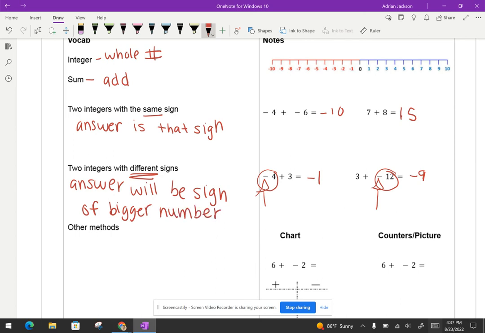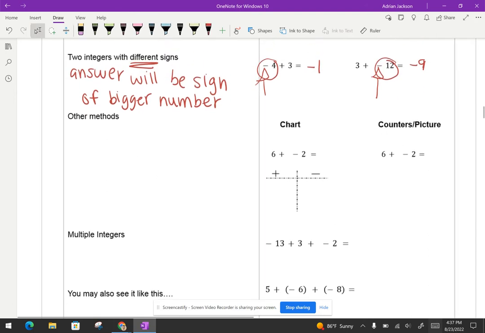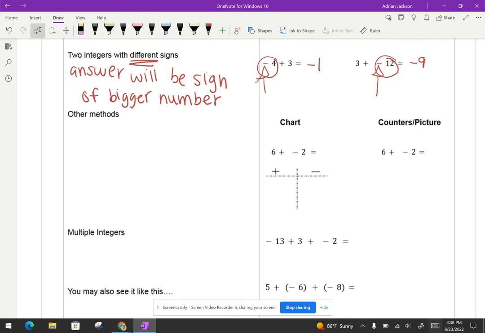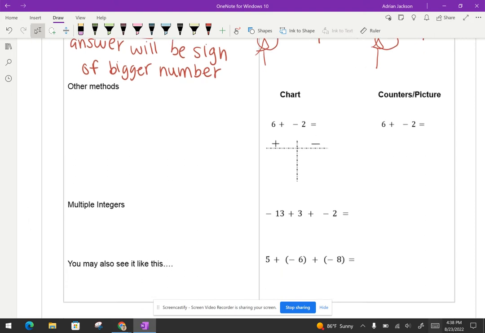All right, now I'm going to go over a couple of different methods that might help you when doing positives and negatives that can get confusing. The first one is a chart method. It has a plus and a minus. I'm going to put how many I have of positive and how many I have of negative. My 6 is my positive, so I'm going to put 6 here.